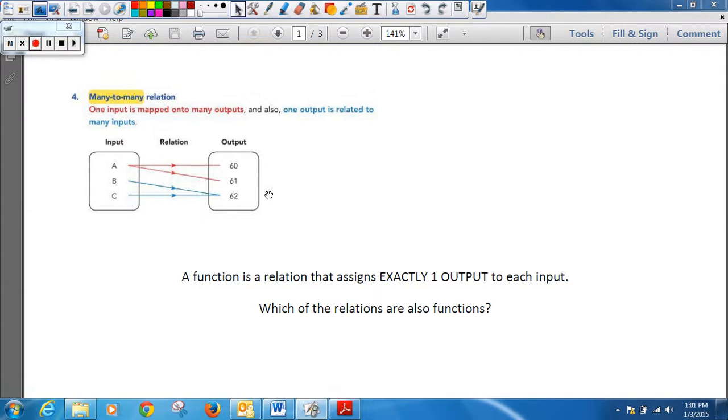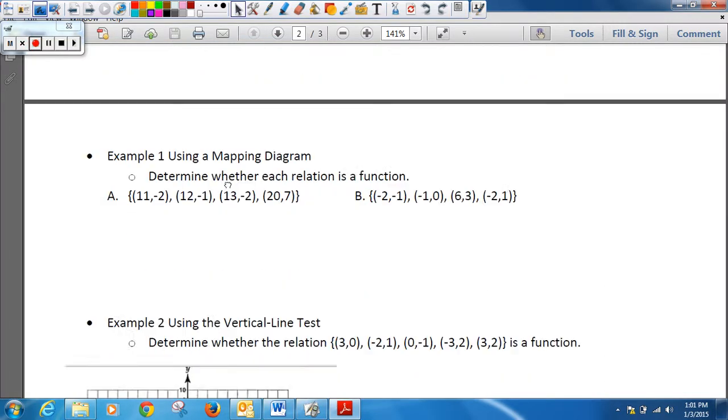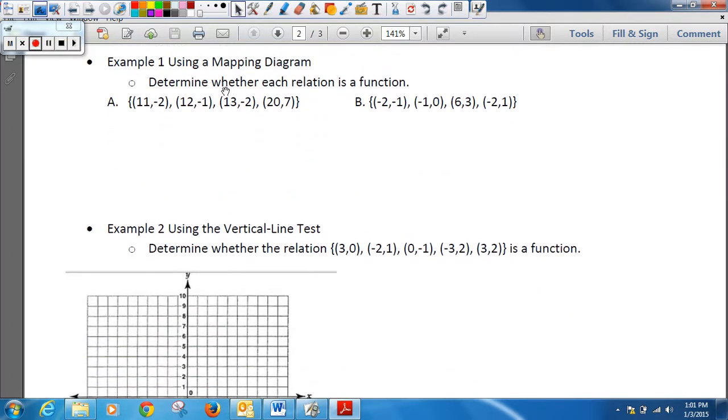If we go ahead and we turn our page, we'll get to some examples now that we've completed our review. The first one says it wants you to use a mapping diagram to determine whether each relation is a function. So if we look at this first one, we have to remember how to make a mapping diagram. Remember, when we make a mapping diagram, we always put the numbers in order from least to greatest. So I have 11, 12, 13, and 20 in the inputs.